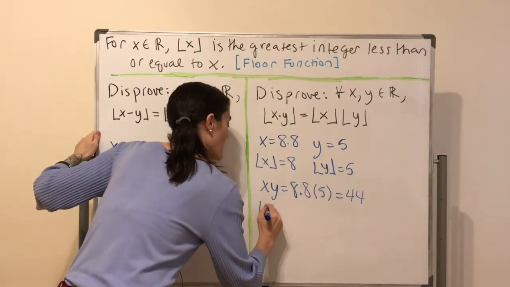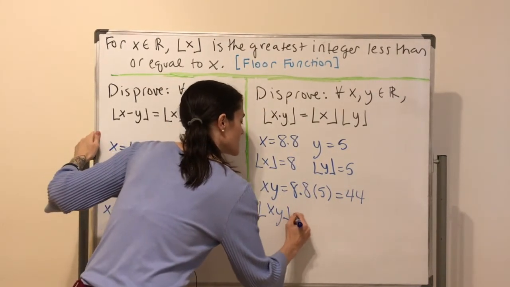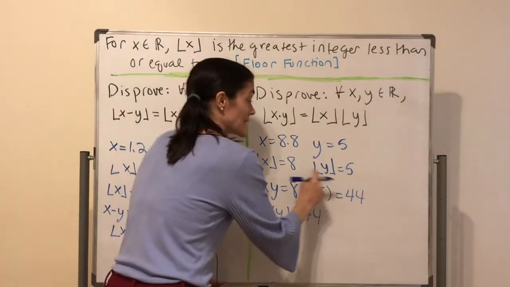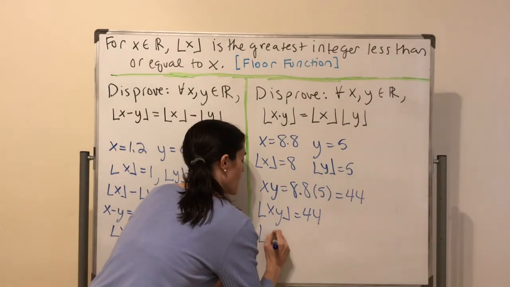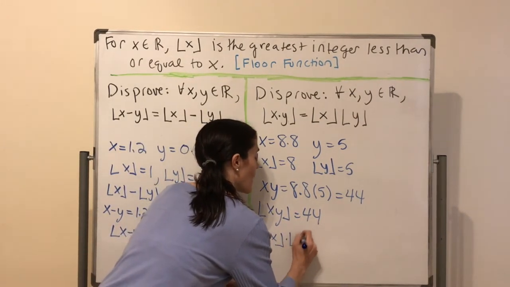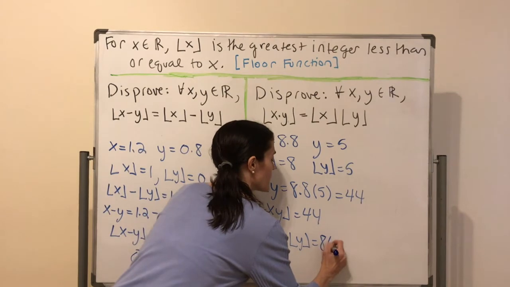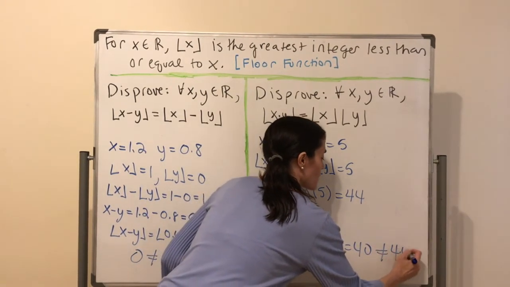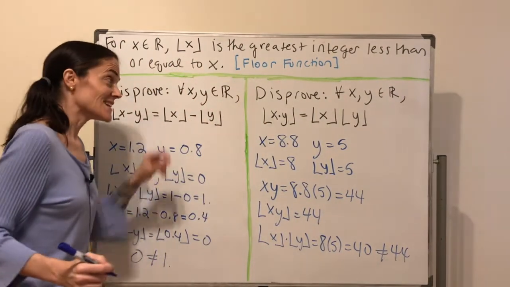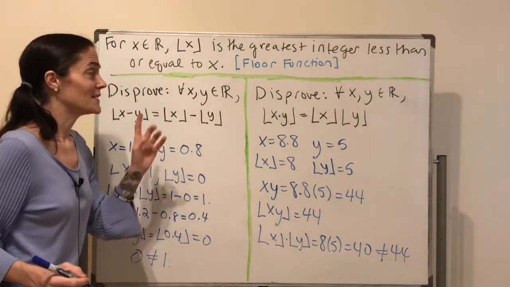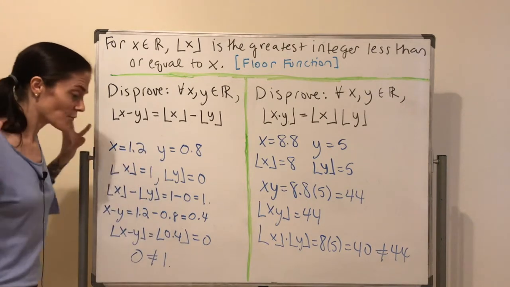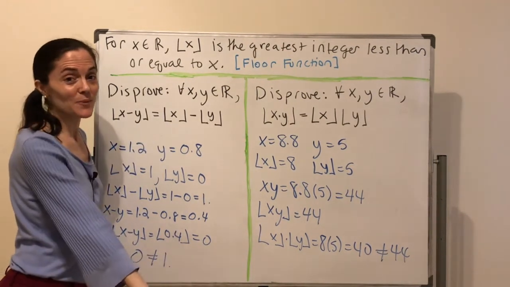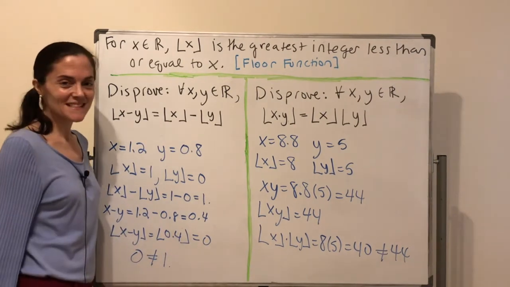So the floor of xy is 44. But if you multiply the floor of x times the floor of y, we just get 8 times 5, which is 40. And this is definitely not equal to 44. And so here is a counterexample to this statement. Now, of course, just as a comment, many counterexamples are possible for both of these statements.